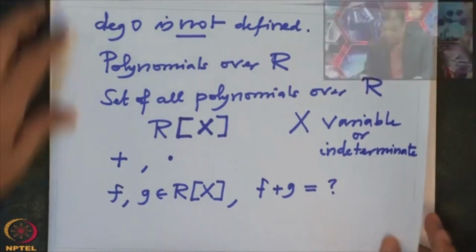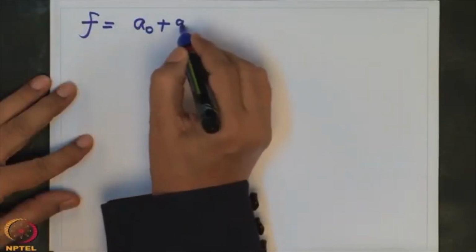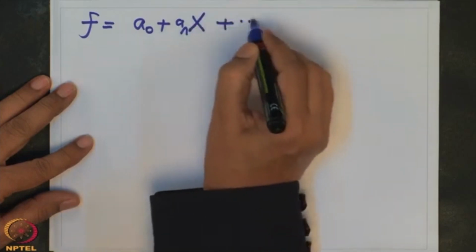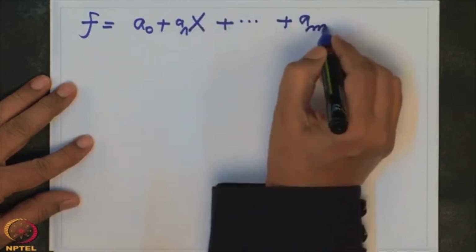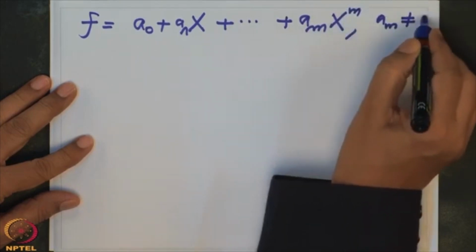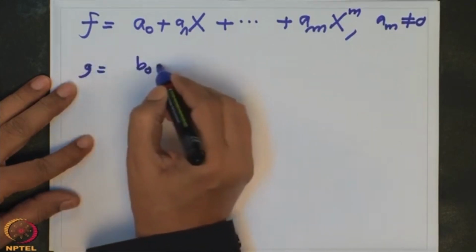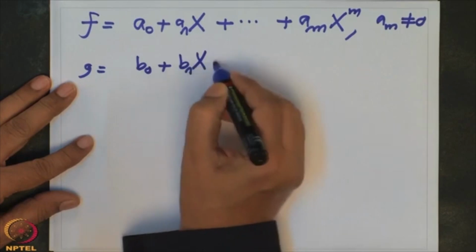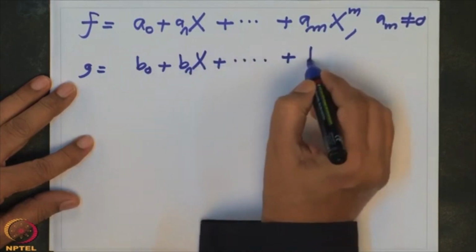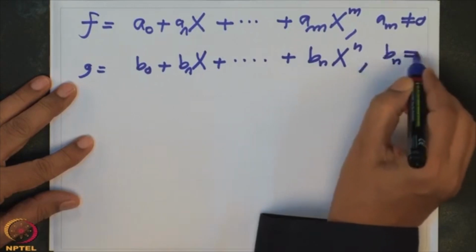Let me write it only once. If f is a0 plus a1x etcetera plus am x power m, where am is non-zero, so m is the degree of f, and g is another one, b0 plus b1x plus and so on up to bn x^n, where bn is non-zero.